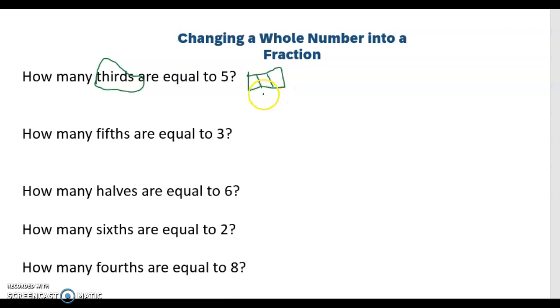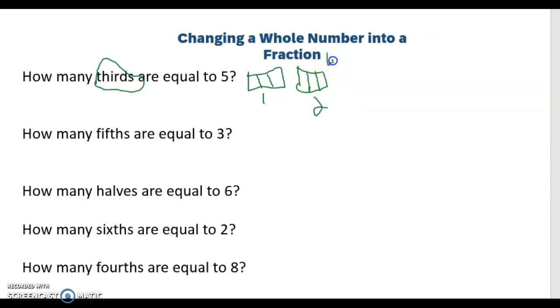That's right, 1 whole. Then I would draw another one. Now we have 1/3, 2/3, 3/3. Count thirds with me, please: 4/3, 5/3, 6/3. And 6/3 is equal to 2.